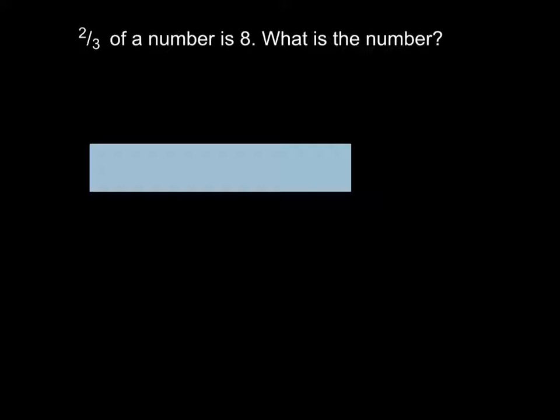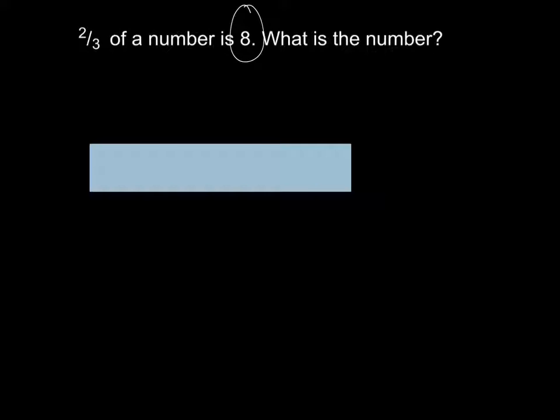Here's the last type of problem that we're going to do today. 2/3 of a number is 8. What is the number? This problem is a little bit different because we do not know the whole. Don't be confused by this. The number is 8. That's not the whole.